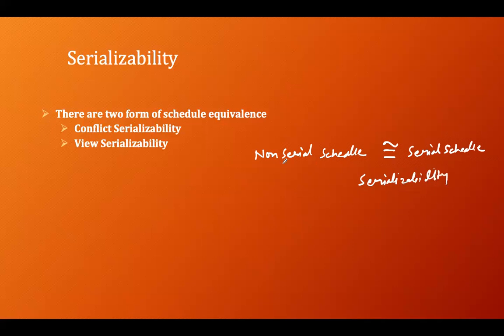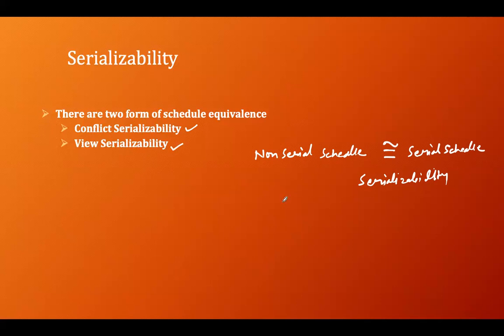If all the conflicts of the non-serial schedule are also there in the serial schedule, then this non-serial schedule is called conflict serializable. As well, if all the views of the non-serial schedule are there in the serial schedule, then this non-serial schedule is also called view serializable.